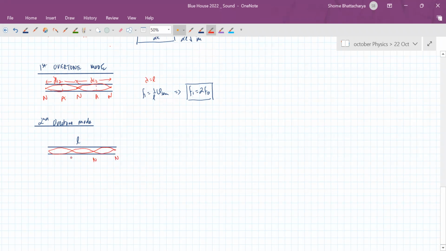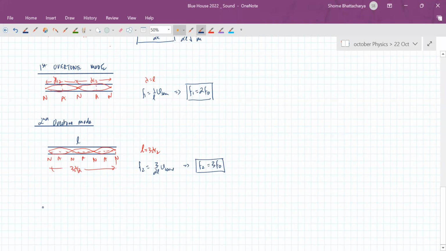So 4 nodes and 3 antinodes, but more importantly, this is becoming 3 times lambda by 2 because there are 3 loops, so to speak. Loop is the node to node distance, which is lambda by 2. So now L becomes equal to 3 lambda by 2 in the second overtone mode. So frequency of the second overtone becomes 3 by 2L, speed of sound. So the second overtone mode is the third harmonic.